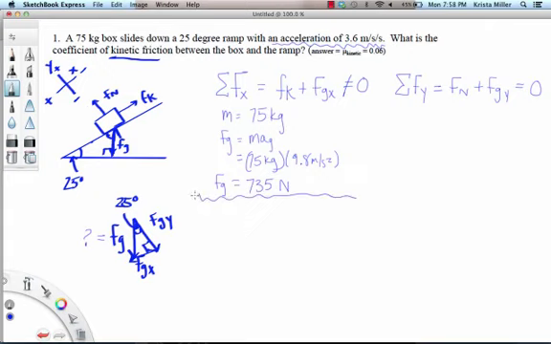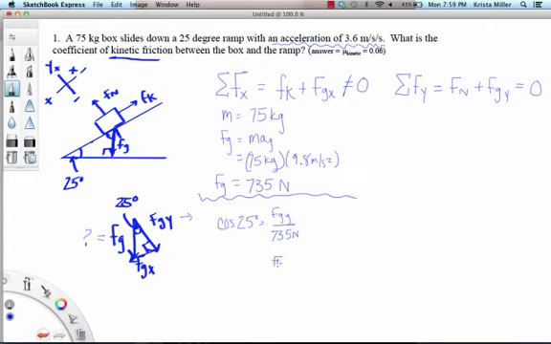Separate a little here, because now we're going back to our vector and our resultant vector and our vector components. Force of gravity in the y direction is going to be equal to, if my angle's 25 here, for adjacent, the cosine of 25 degrees equals adjacent, or force of gravity in the y, over force of gravity, which is 735 newtons.